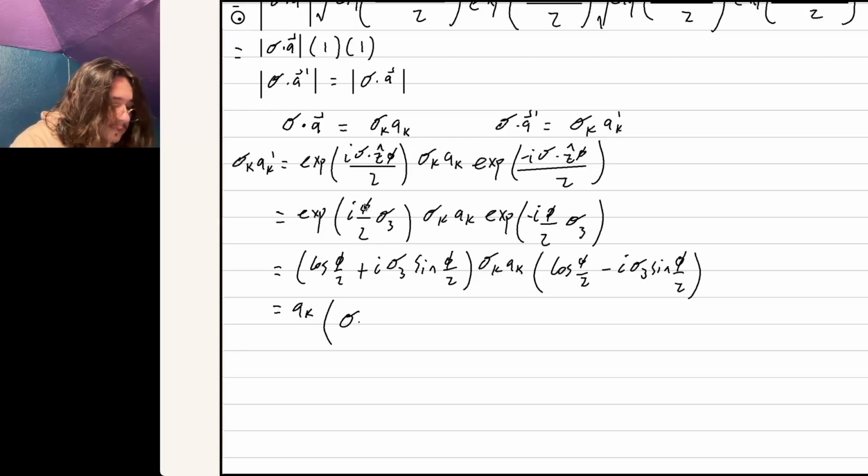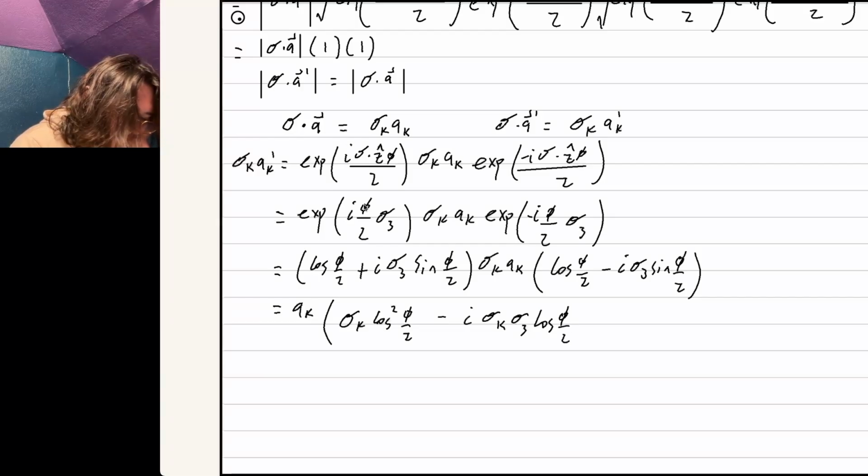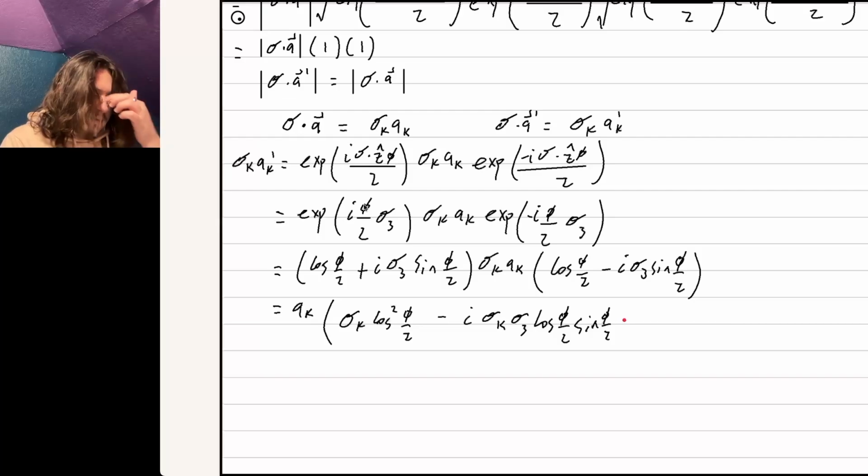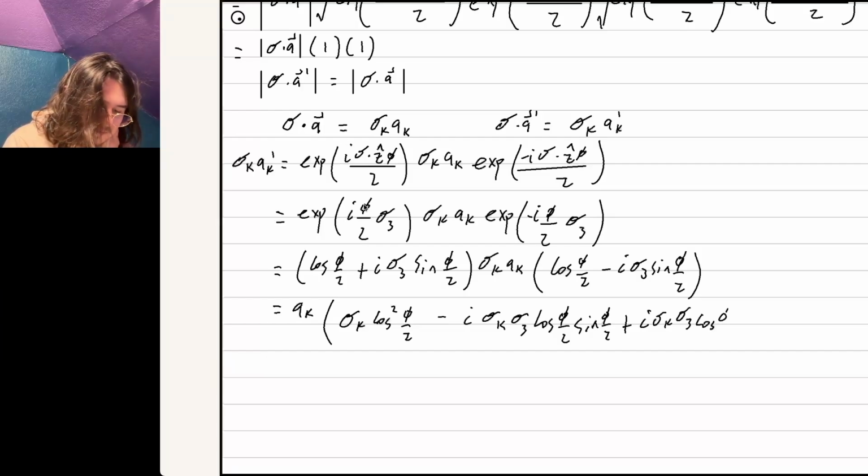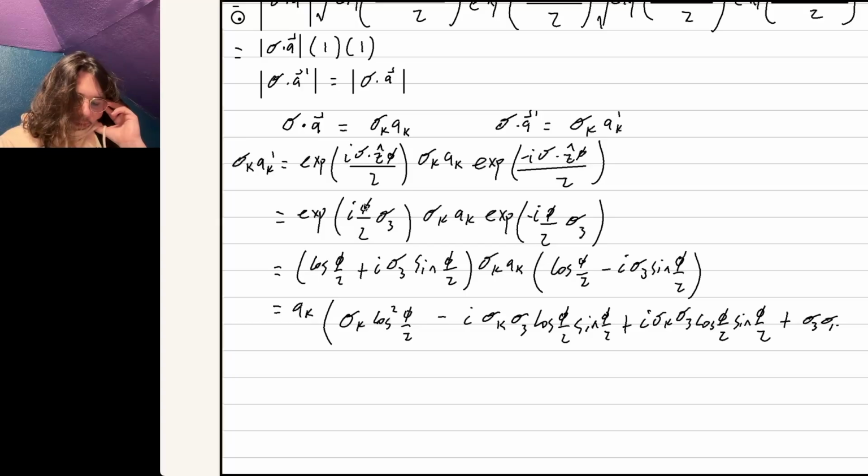So it's sigma k cosine squared phi over 2, minus i sigma k sigma 3 times cosine phi over 2 sine phi over 2, plus i sigma k sigma 3 cosine phi over 2 sine phi over 2, plus i squared is minus 1, so it's plus sigma 3 sigma k sigma 3.